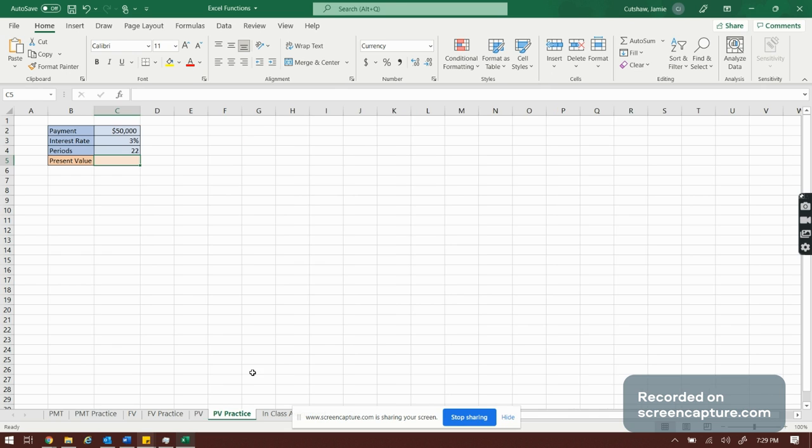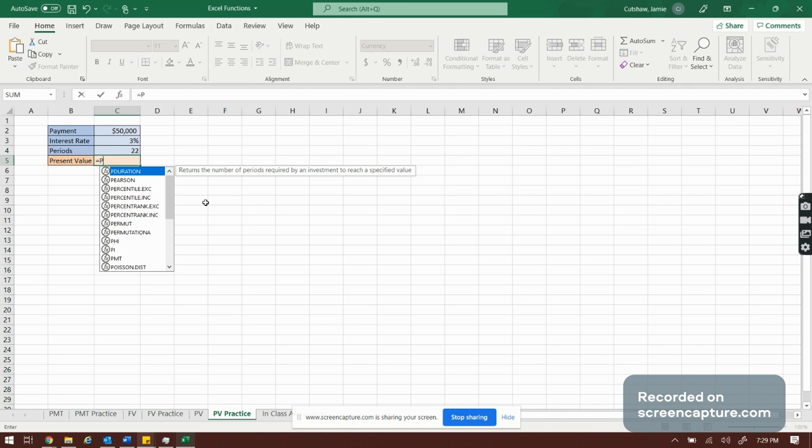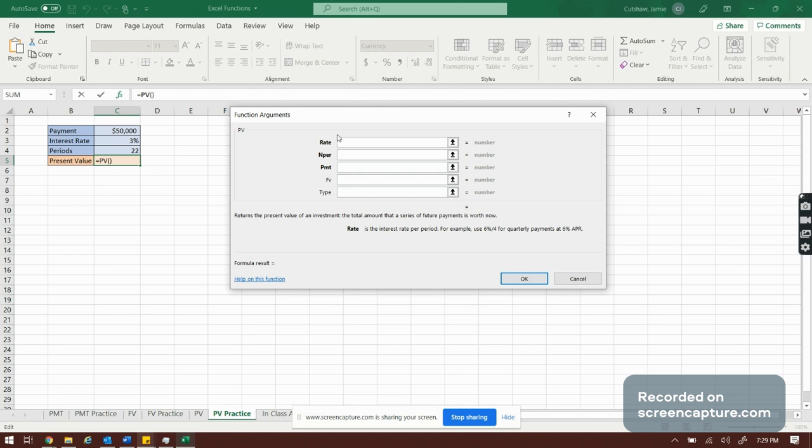So we're going to move over to PV practice here, and we're going to type this in together, okay? Now, first here, just like any function, again, type in the equal sign, then our PV, our little bracket here. Once you have that in, we're going to click up here to FX. Now, once you have the FX, we got our little cheat sheet up one last time here.